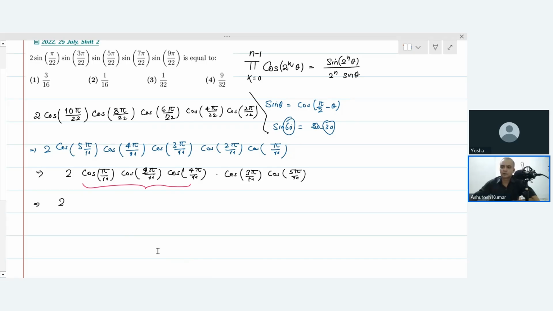And from the formula, you can see that this is cos theta at the first place, because when k is 0, that will be theta, and in the place of theta there is pi by 11. Then cos 2 theta means cos 2 pi by 11, and cos 4 theta is for k equal to 2. So basically we are going up to 3 terms. So you have to count how many terms I have, and so the n value is 3.